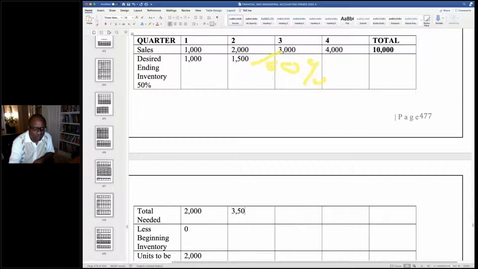And then my ending inventory would be, I subtract 2,000 from that, right? No. Desired ending inventory becomes the beginning inventory next time.